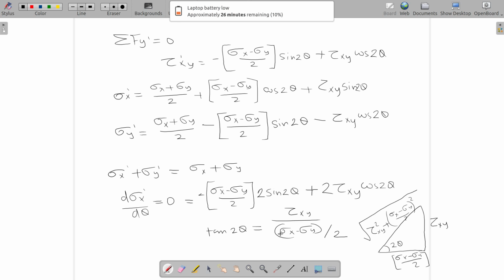Now if this is tan 2 theta, you can find out the corresponding equations for cos 2 theta and sin 2 theta and replace it here. Cos 2 theta will be this value divided by this value. Sin 2 theta will be this value divided by this value. So you can see that it will become sigma x minus sigma y by 2 whole square divided by this term, and similarly sin 2 theta, tau xy squared by this term. And if you add them, the denominator will be the same.